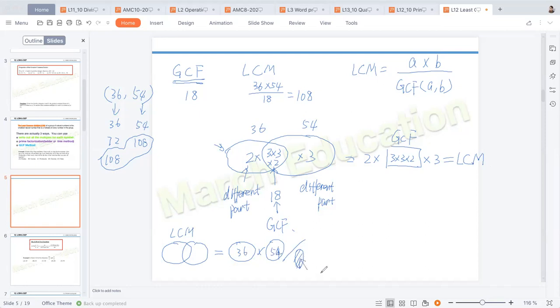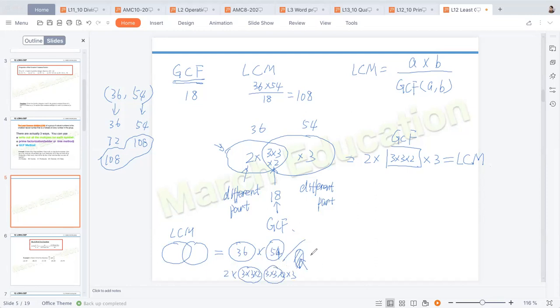Because these two numbers are 36 times 54 divided by the middle part. The middle part is what? Because 36 is 2 times 3 times 3 times 2, and 54 is 3 times 3 times 2 times 3, right? You can see this part I multiplied twice.